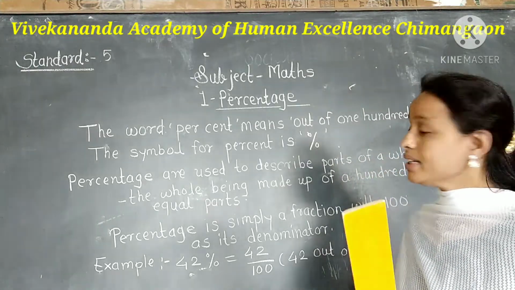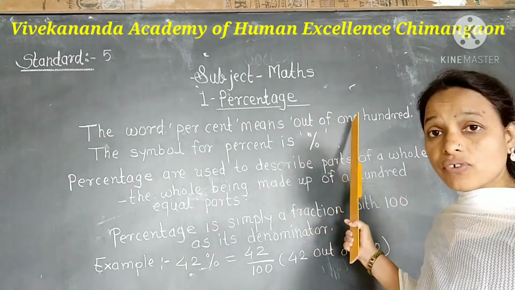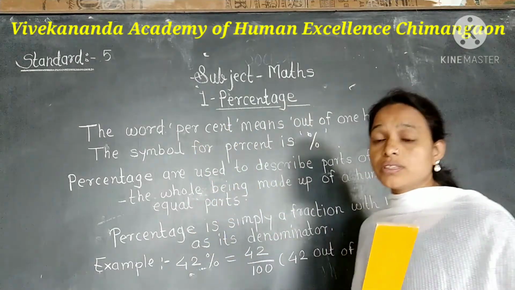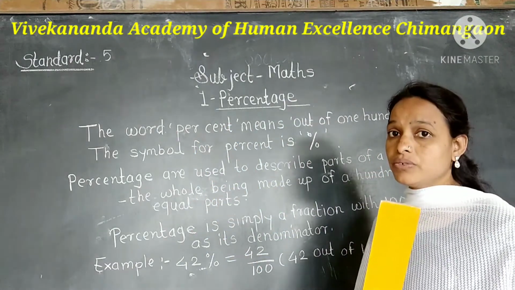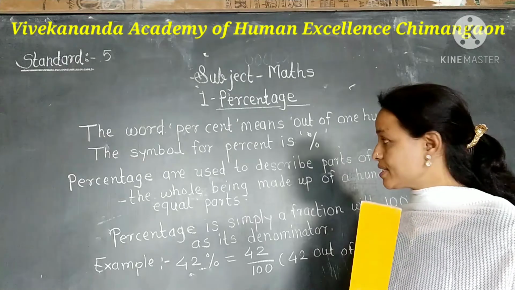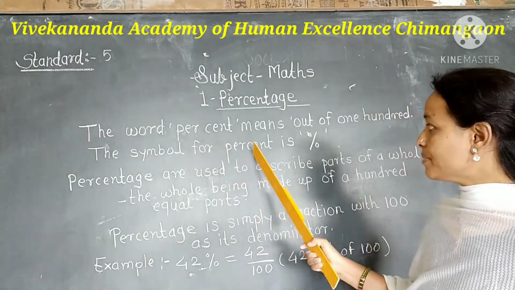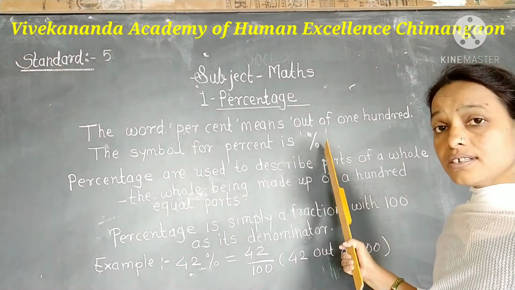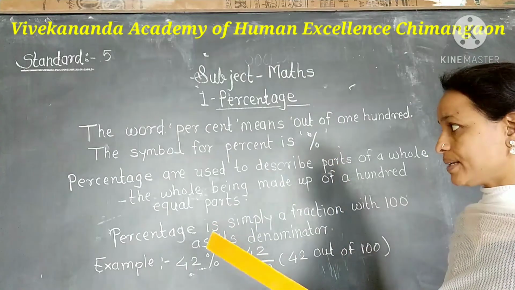Look here students, the word percent. What is the meaning of that? Out of 100. Now the symbol, we use a symbol for percent. The symbol for percent is here, I have shown. This is the symbol for percent.